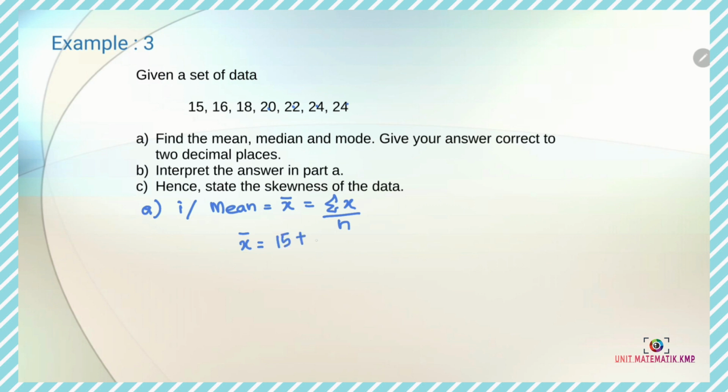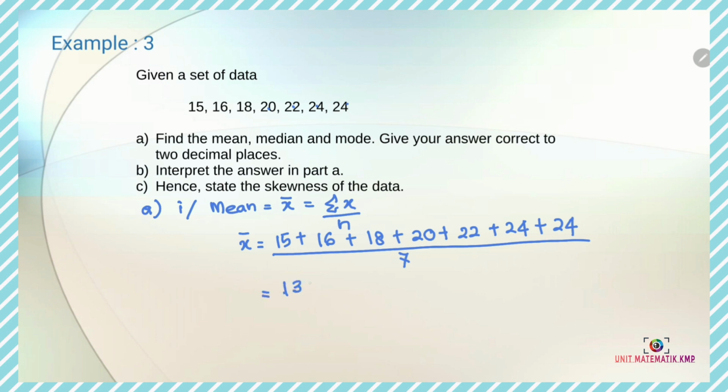We have to total up all the data given over 7. The total here we get 139 over 7, and the answer is 19.86.